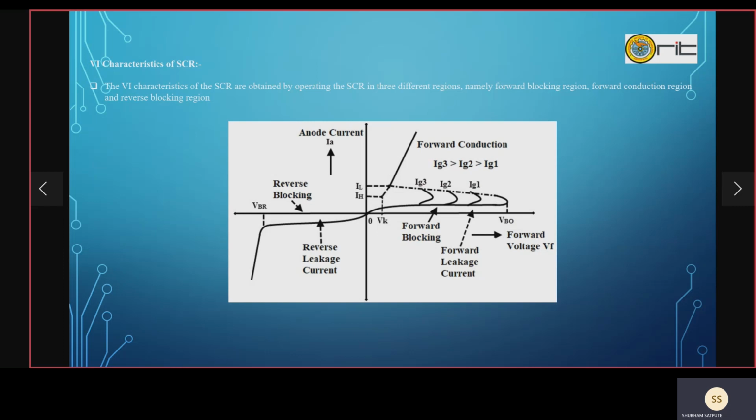The current flow is represented as forward conduction in the VI curve. The gate currents applied are marked as IG1, IG2, and IG3. The higher the applied gate current, the faster the SCR goes to the conduction state, as IG3 is greater than IG2, and IG2 is greater than IG1, respectively.